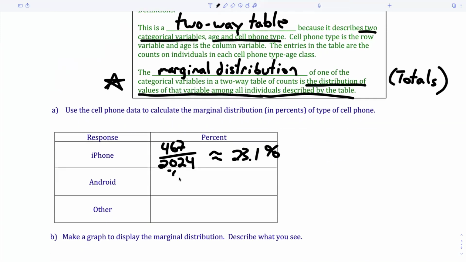So we got 503 divided by 2024. And so I got approximately 24.9%. And then the other, there were a lot of others back then in 2013, right?